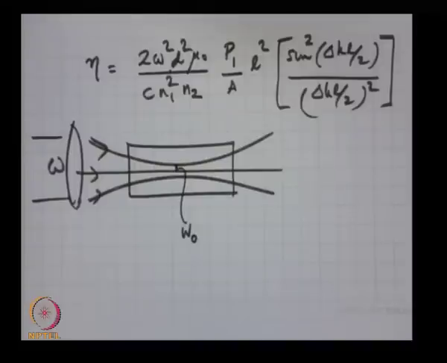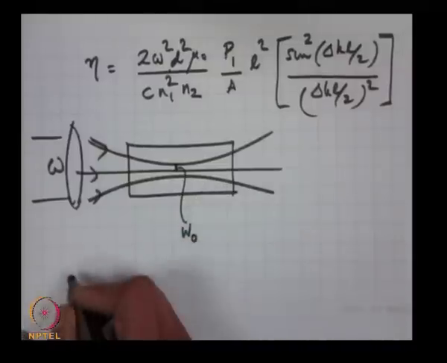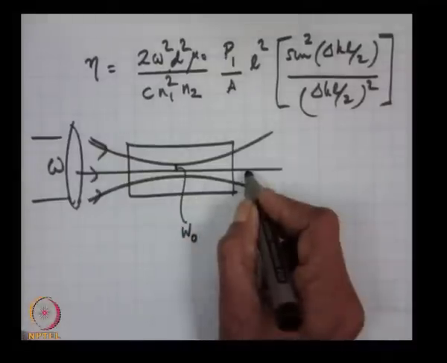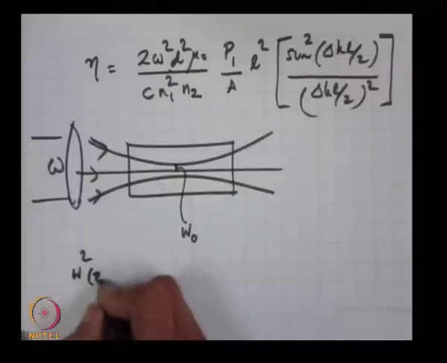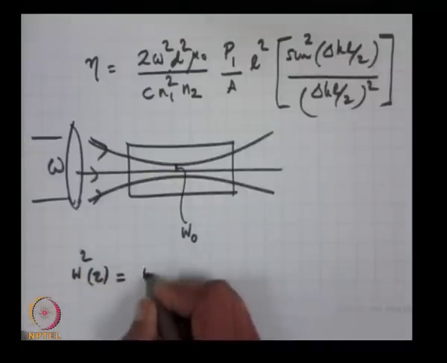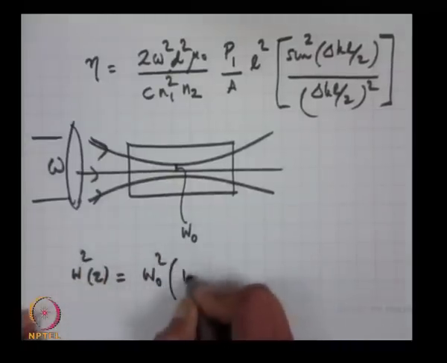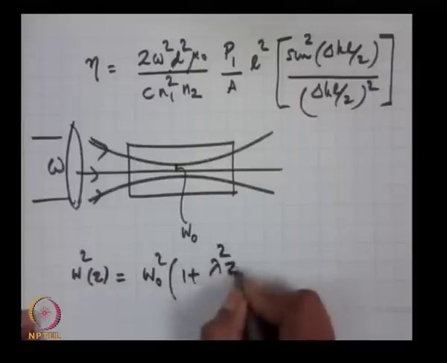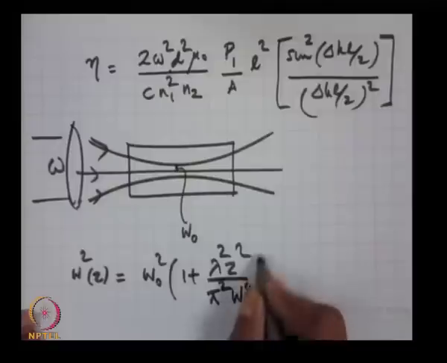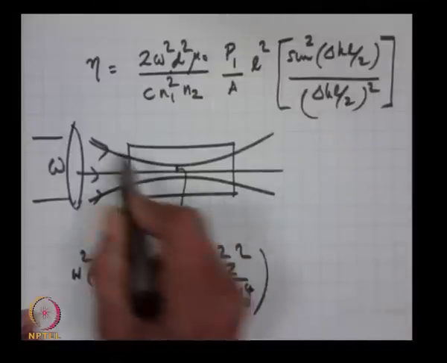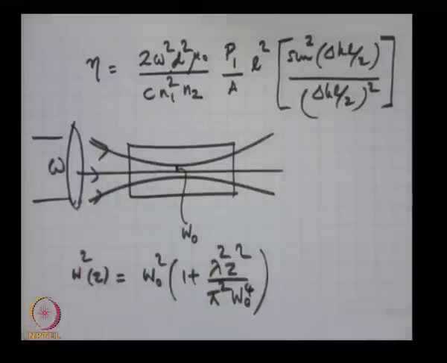Remember, I had given this formula right at the beginning. The 1 by e width of the Gaussian beam changes with z according to this equation. This line which I'm drawing is the distance from the axis where the amplitude reduces by a factor of e.